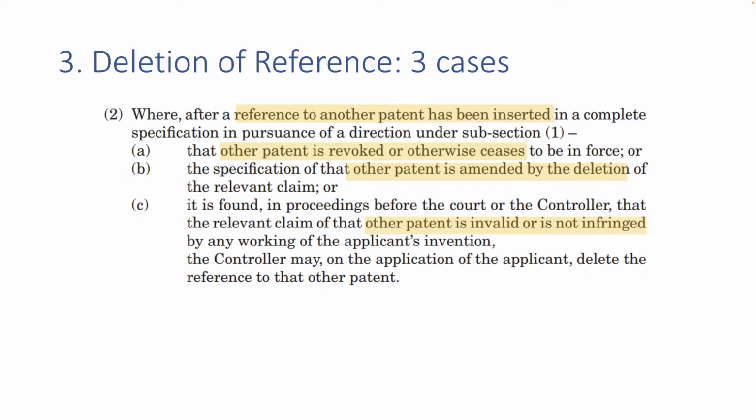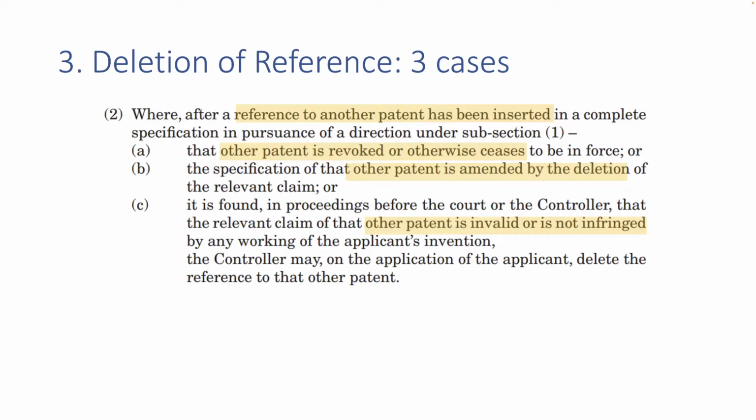Now, to understand the difference between invalidity and non-infringement, you have to understand sections 104 and 105. Section 105 talks about a declaratory suit, a declaration of non-infringement, and you have to check that provision.